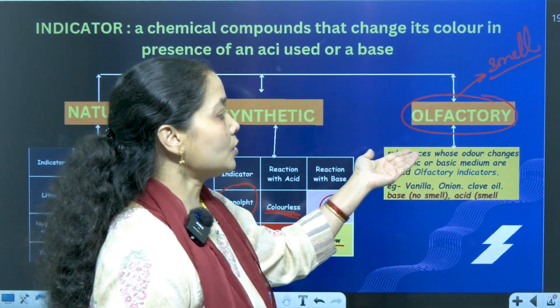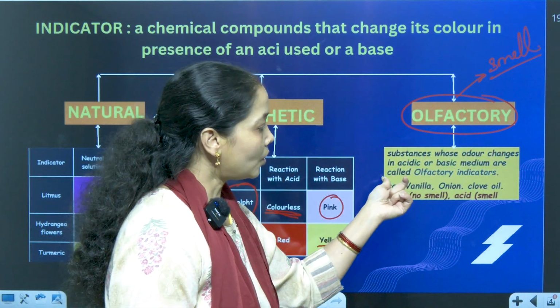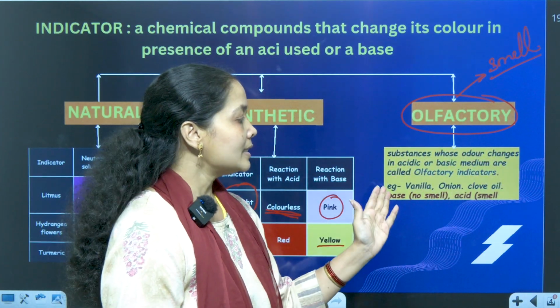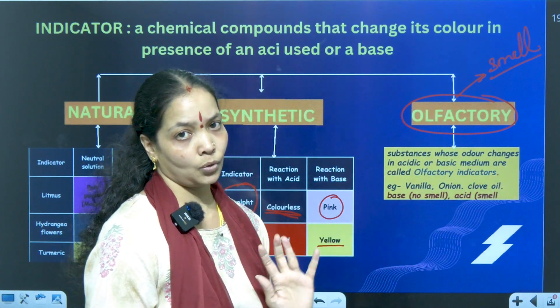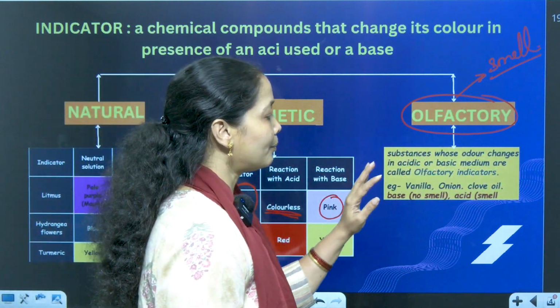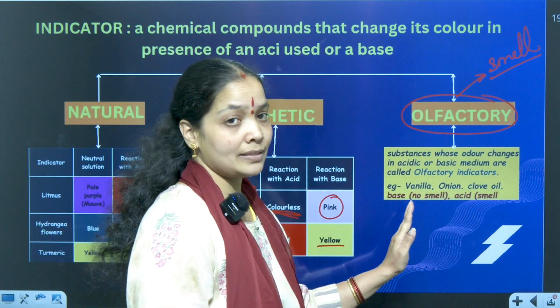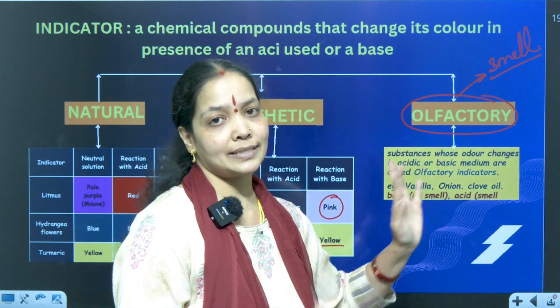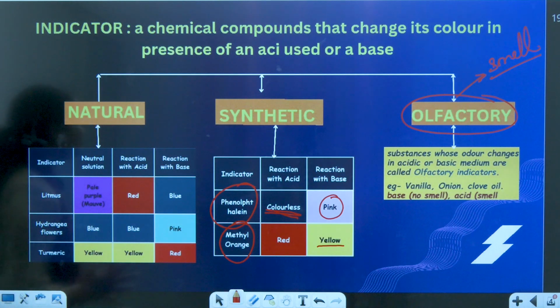So substances whose odor changes in acid or base medium are called olfactory indicators. Some examples are vanilla essence, onion, and clove. So what is happening? If these three substances are poured in a base and no smell is indicated, it's a base. If smell is coming out, it's an acid. So the tabulation done here gives you exact information.